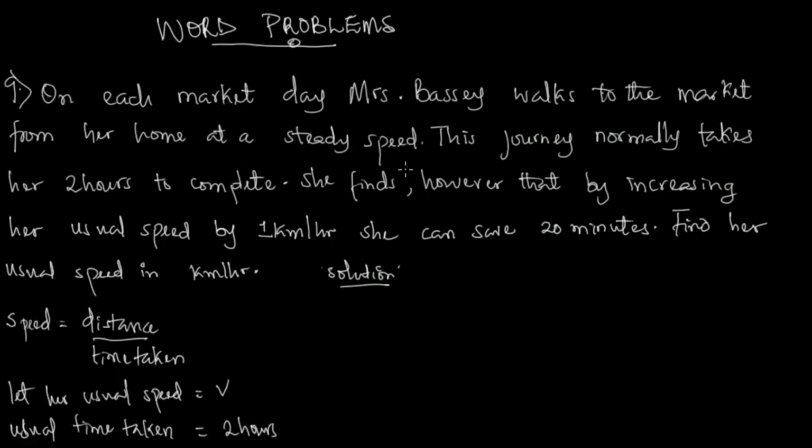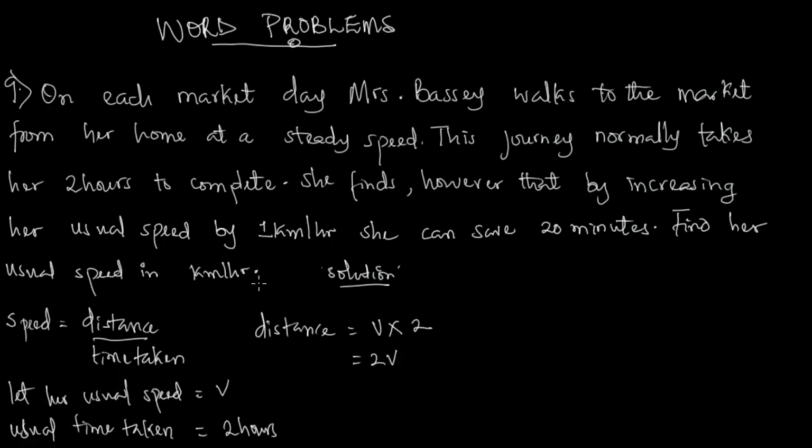Now, having the speed and the time taken, we can have the distance. Distance in this instance is equal to speed times time taken, which is v times 2, which is 2v.